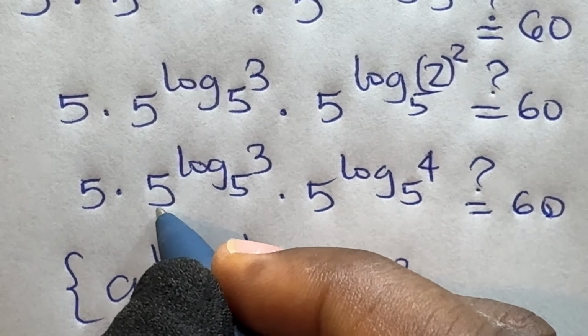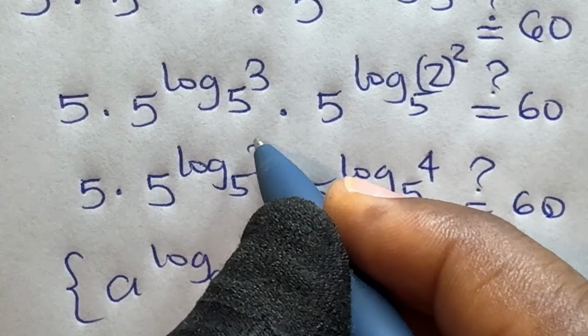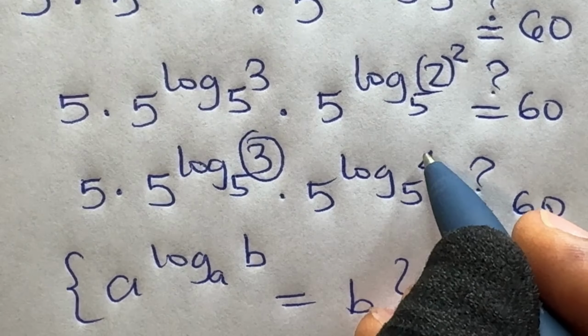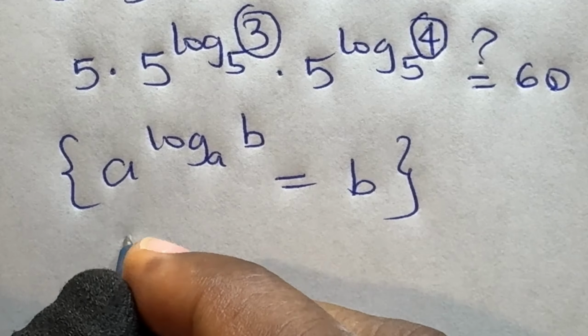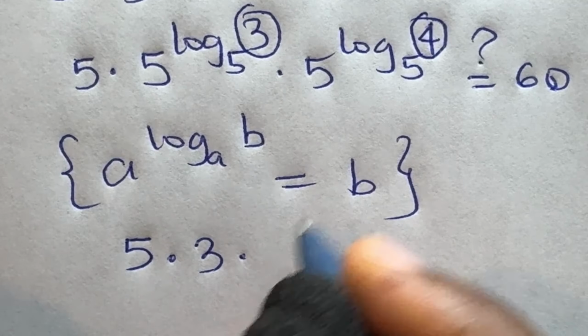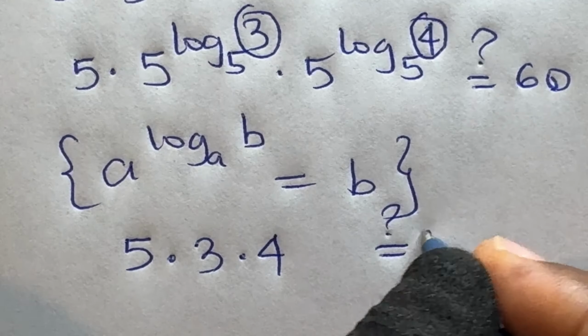So 5 raised to power log 3 base 5, the result here will be 3. 5 raised to power log 4 base 5, the result here will be 4. Therefore, we'll have 5 times 3 times 4 is equal to 60.